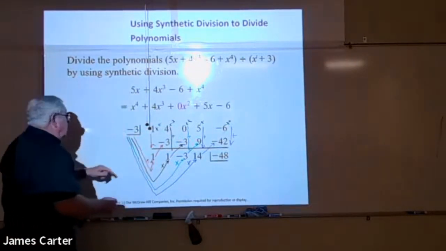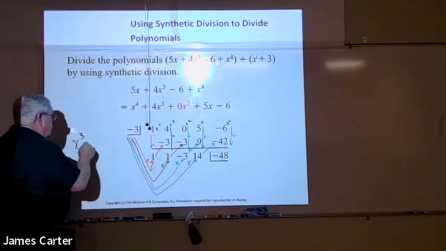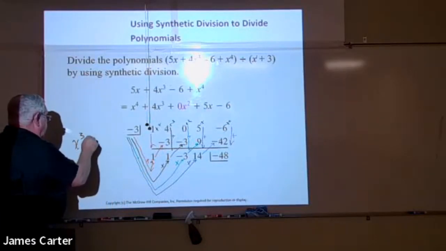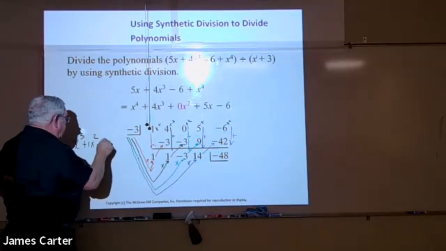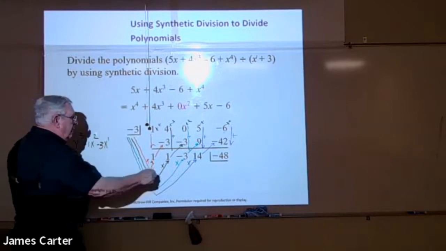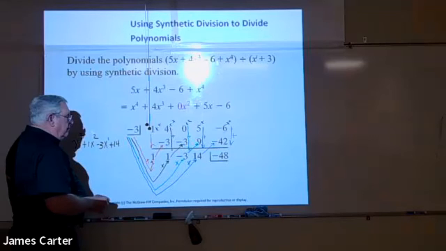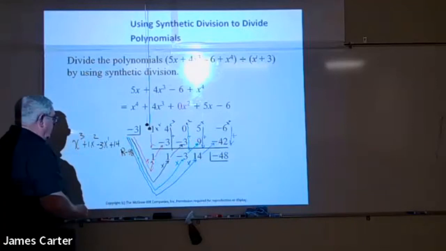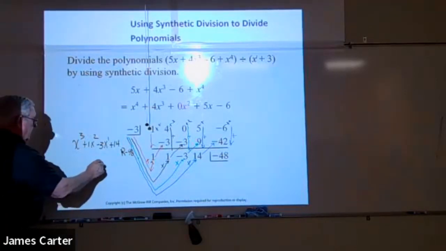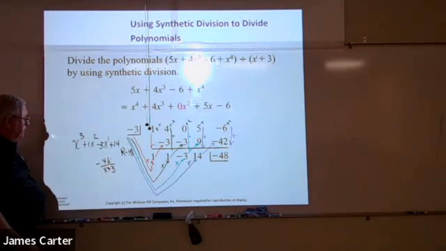So my answer then, this will be x to the third, plus 1x to the second, minus 3x to the first, plus 14, just 14, technically if you wanted to, it's times 1, with a remainder of negative 48, which could be expressed as minus 48 over x plus 3.